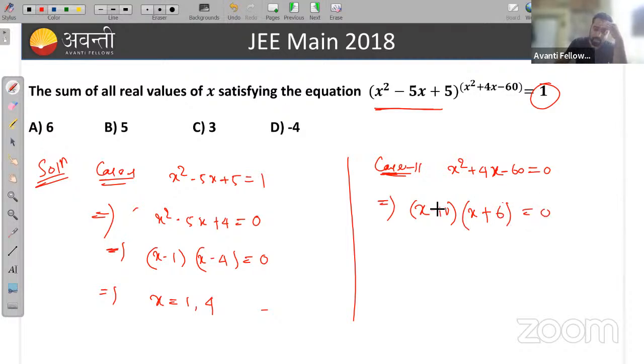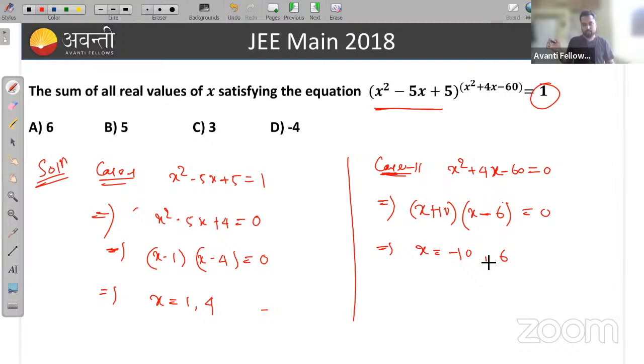So here I am getting x is equal to minus 10 and 6. Is it satisfying?